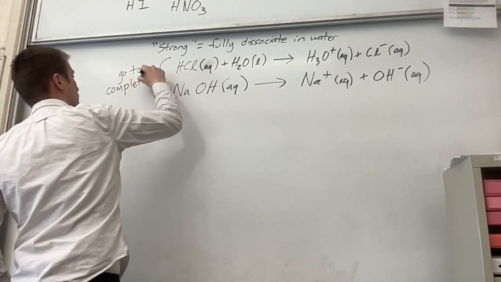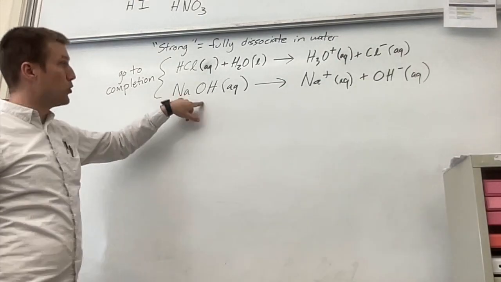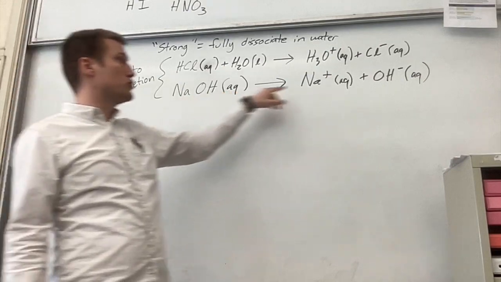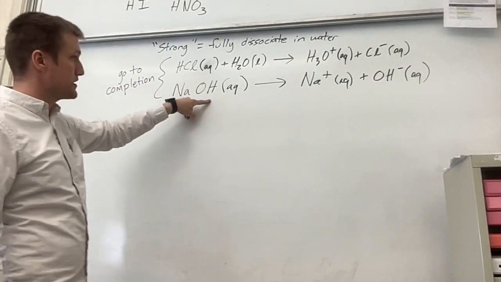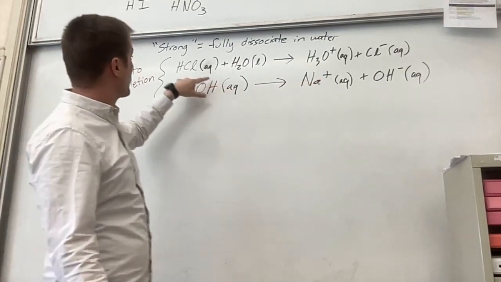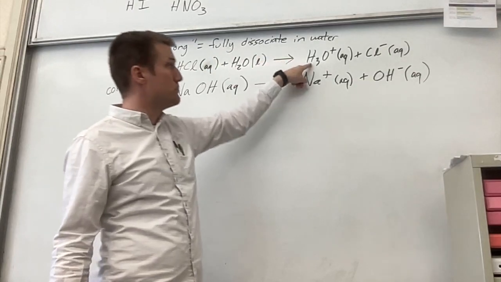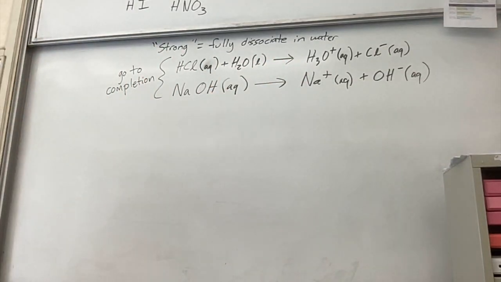So that means if you're doing stoich, for example, and they tell you a concentration of a strong acid or base, like if you have 2 molar NaOH, you can just say, oh, I'm going to have a 2 molar concentration of hydroxide. All of this turns into that. Or if you have 1 molar hydrochloric acid, you have a 1 molar concentration of H+, which makes your pH calculations easy.